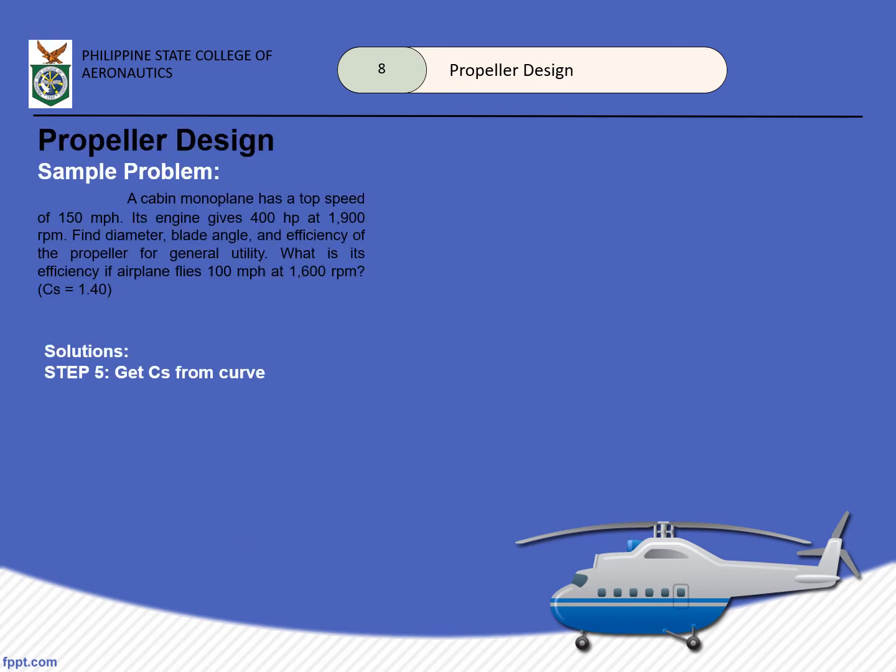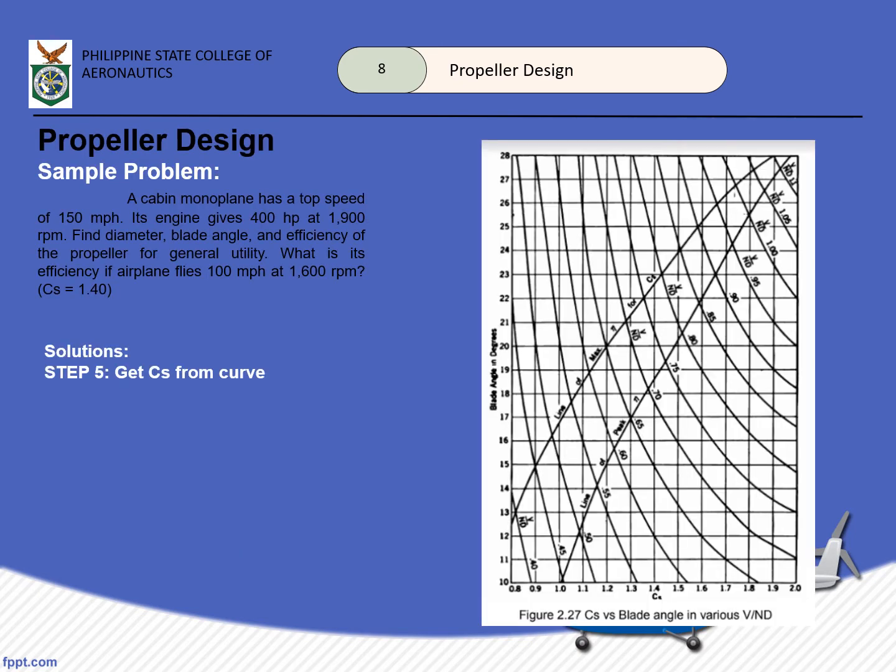So, now that we have the advance ratio, we would be able to, what? Get the CS. Okay, so going back, what would we need ba in order for us to get the CS? First is, syempre, yung component natin here, which is blade angle in degrees, and yung component natin here, yun yung kunin natin, CS.